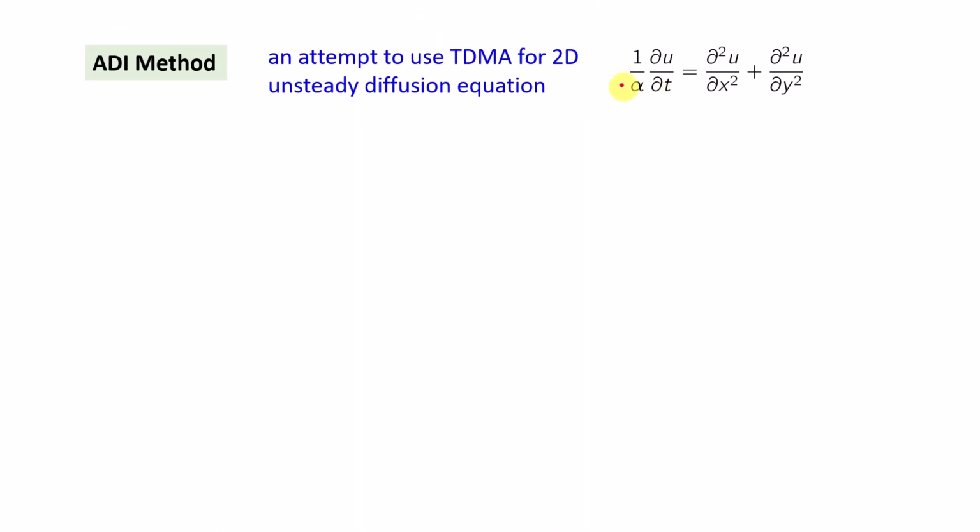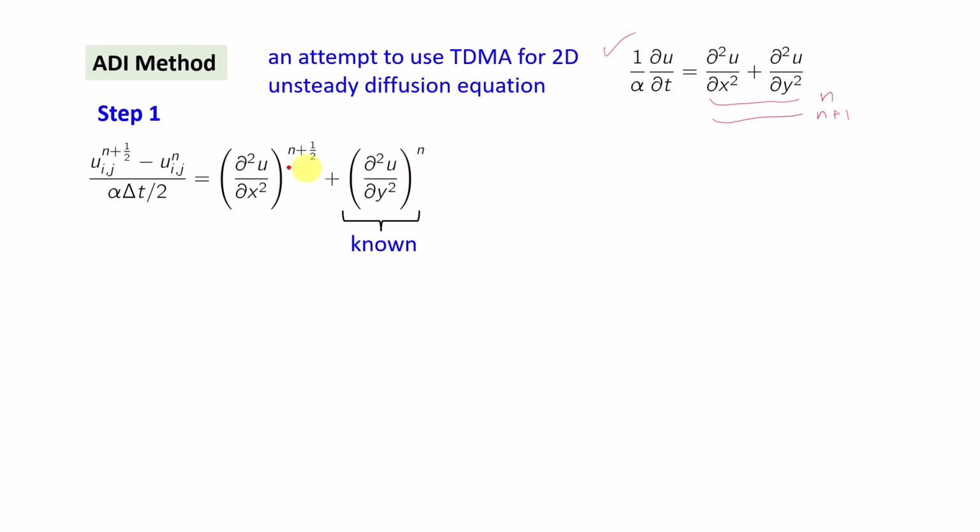So consider our two-dimensional transient heat conduction problem: 1 by alpha del u del t is equal to the Laplacian of u in 2 dimensions. In the explicit method, this entire right hand side is discretized at the nth time level. In the implicit method, this entire right hand side is at the n plus 1th time level. What we do in the ADI method is solve for the n plus 1th u in 2 steps.